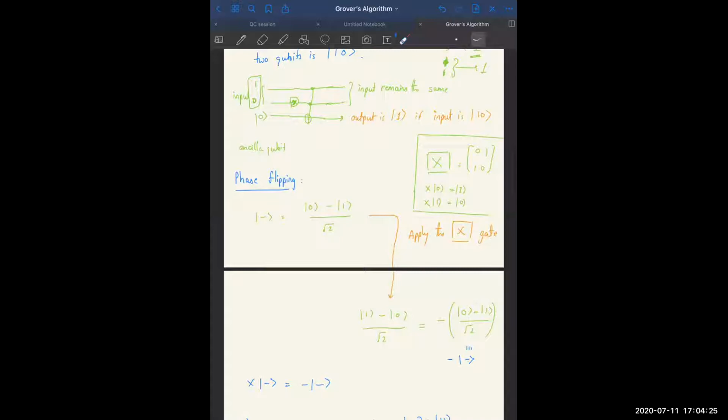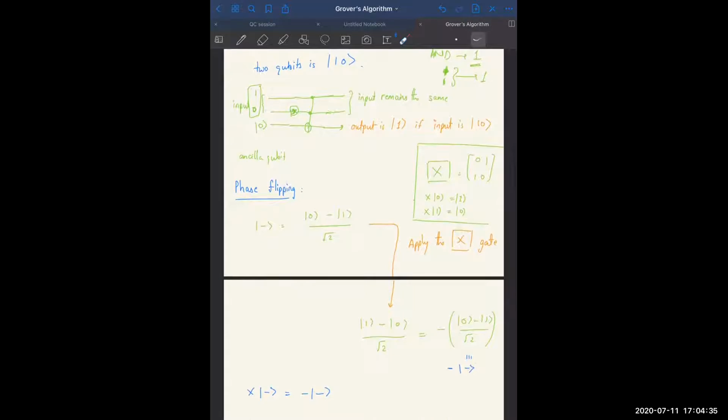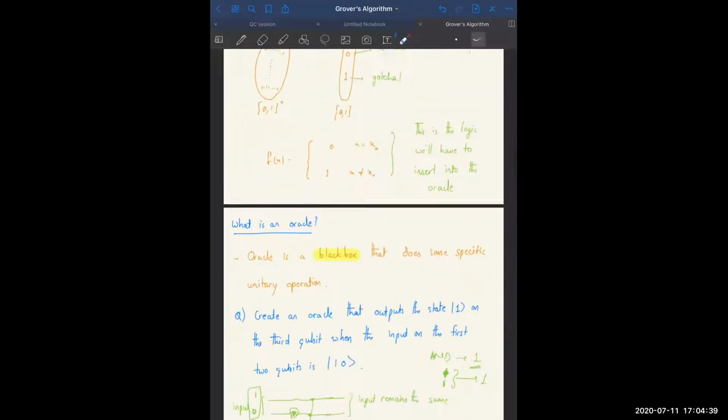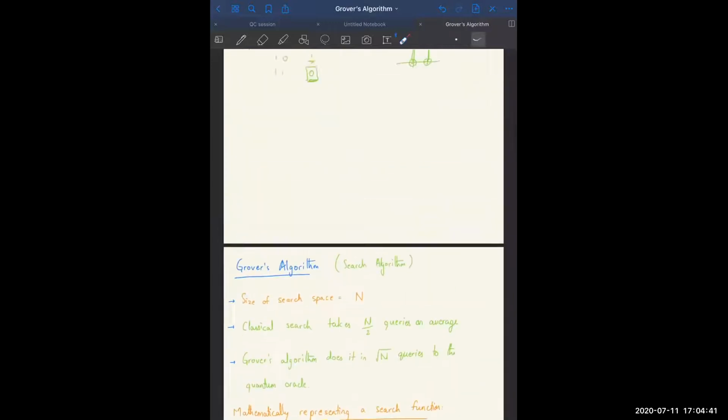Ancilla, as was mentioned, essentially means an extra on the side. What that means is it's not part of the system qubits. It is not part of the things that we store as registers at the end. It is just being used to do something, and then we flip it back to the main system of qubits.